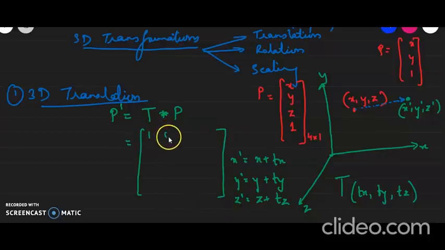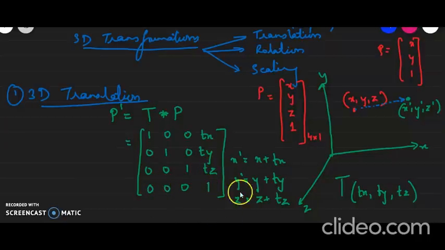So it is 1 0 0 Tx, 0 1 0 Ty, 0 0 1 Tz, 0 0 0 1. So now my matrix turns out to be a 4 cross 4 matrix. In two-dimensional, this was a 3 cross 3 matrix. Now in 3D, this becomes a 4 cross 4 matrix. That is your translation matrix.